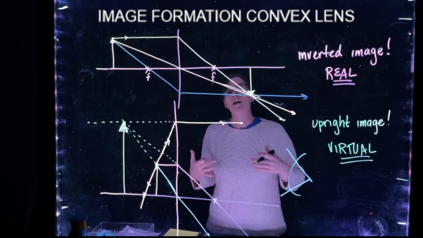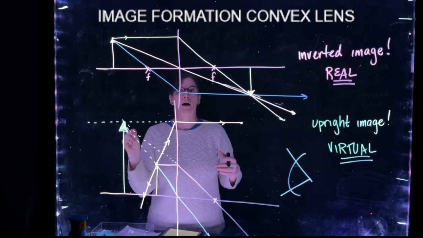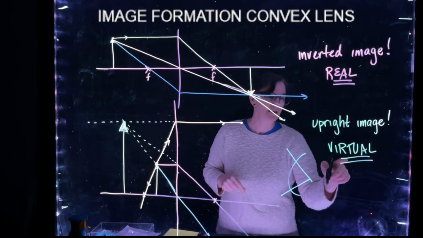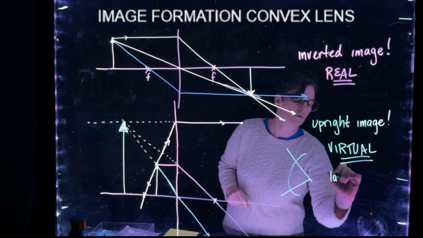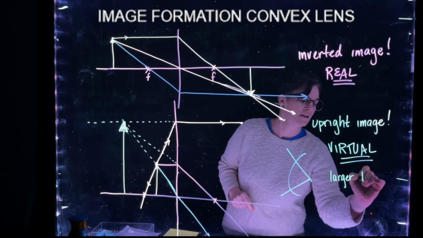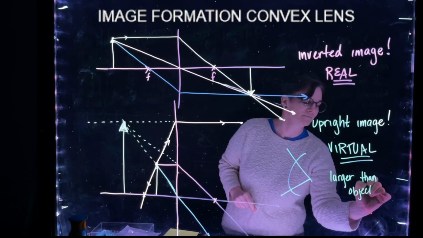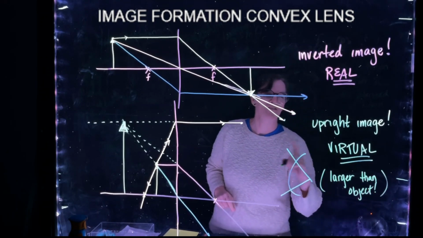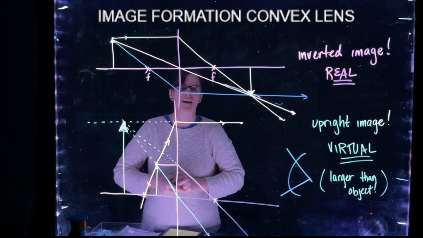Now, we also notice that this upright image is large. Virtual images for a convex lens are also larger than the object. That's for a convex lens. We'll see if you see that when we do the concave lenses.